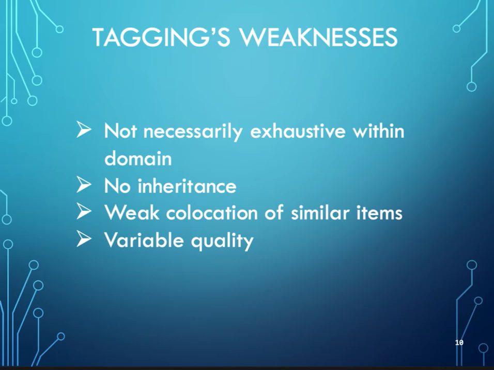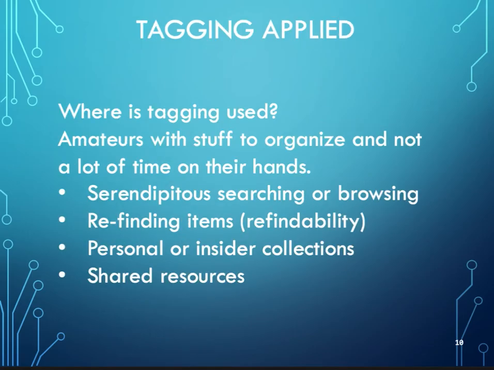No inheritance, no relation from one to another, weak correlation of similar items, variable quality. Where is it applied? Usually amateurs try to organize when they have a lot of time. Serendipitous searching or browsing, redefinability, for example, collections and shared resources.